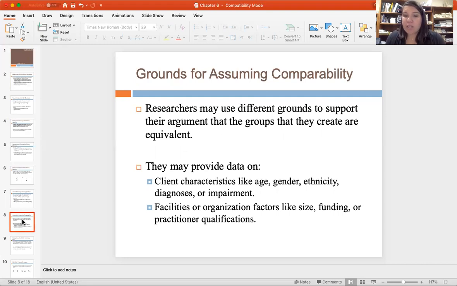You may look at client characteristics like age, gender, ethnicity, and diagnoses. You want to make sure there are not huge age differences in the two groups, or different diagnoses within the two groups, and that they're as comparable as possible.